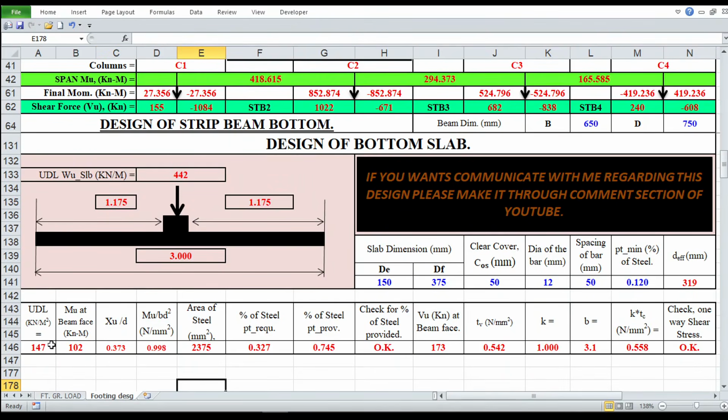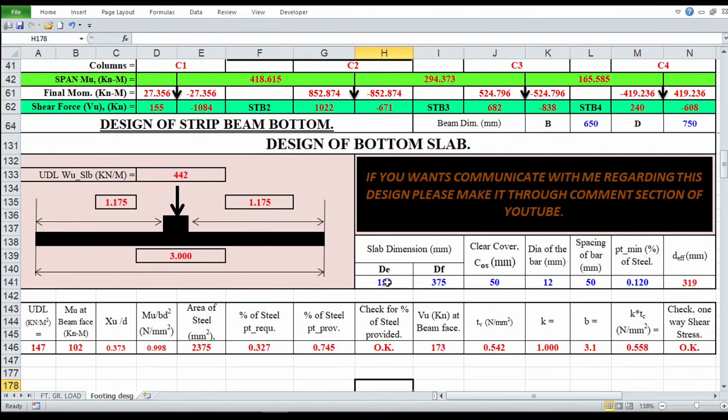And we are going to consider the beam face for the calculation of shear force and bending moment. Bending moment WL square by 2. This is our UDL on beam. This is UDL on plate. This is in kilonewton meter. This is in kilonewton per meter square. In this way, I have already explained all this in my earlier two videos.